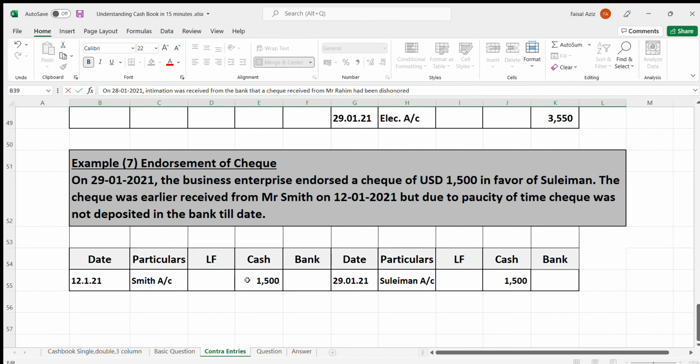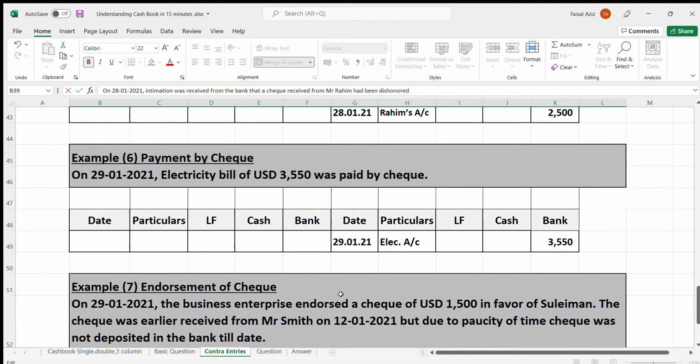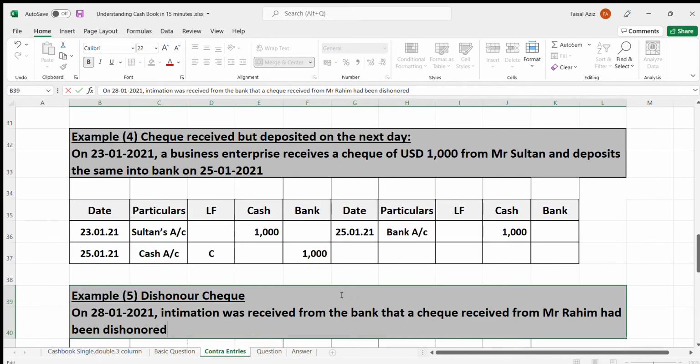So viewers, these are some entries. In these entries we have learned some contra entries. Let me revise it again. Whenever we deposit a check in the bank account, a contra entry will come.